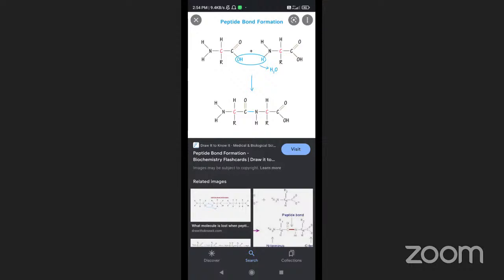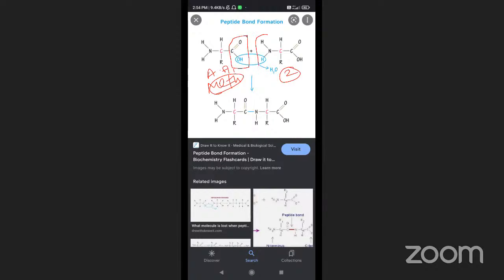For example, this is the first amino acid, methionine. This is the second amino acid. Here the peptide bond forms between the carboxyl group, COOH, of the first amino acid and the amino group of the second amino acid.